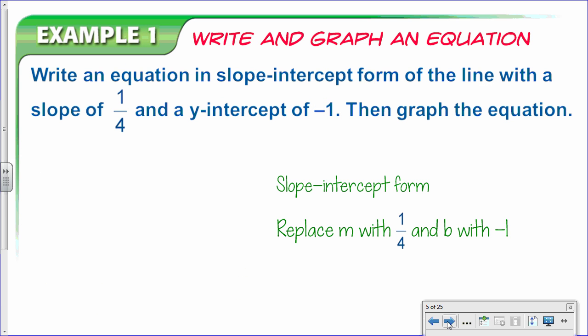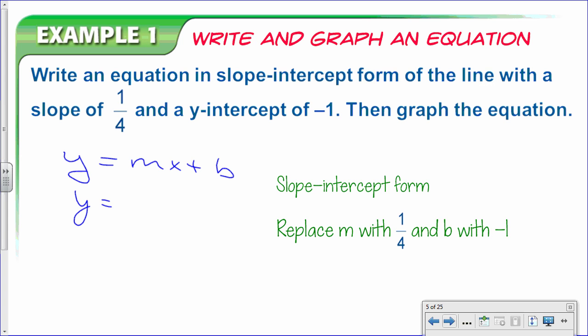Example 1. Write an equation in slope-intercept form of the line with the slope 1/4 and y-intercept of -1. Then graph the equation. This one's really simple, right? What did I start out with? Good. Then I just need to replace the variables, right? Do I replace y?